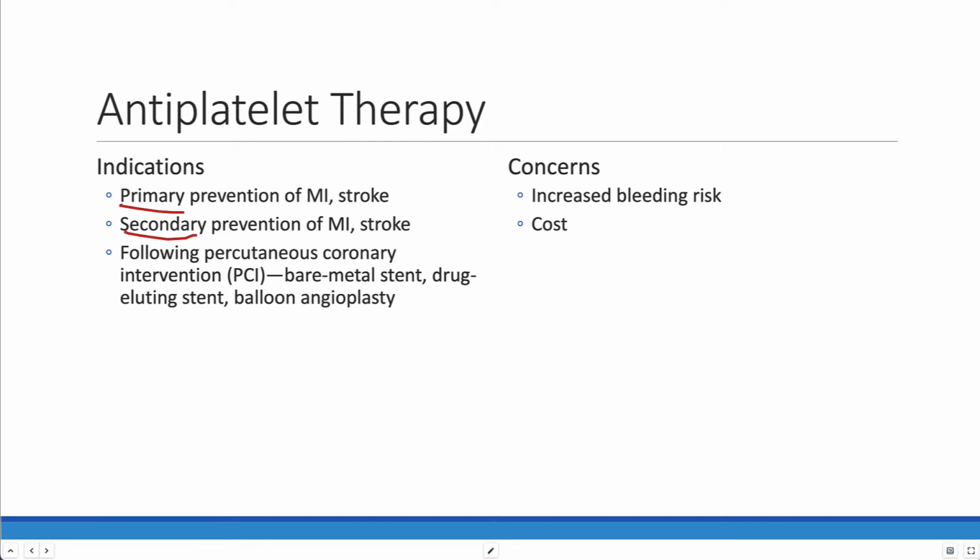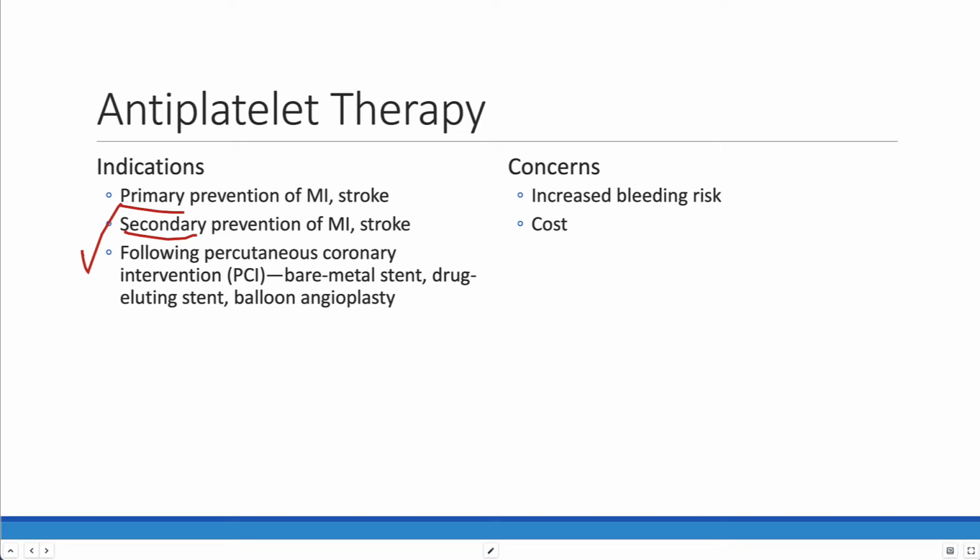Secondary prevention is where somebody already has established coronary disease and we're trying to prevent a stroke or MI after they already have established disease. So we use antiplatelet therapy in primary prevention, secondary prevention, but we also, and most importantly, we use it following PCI.